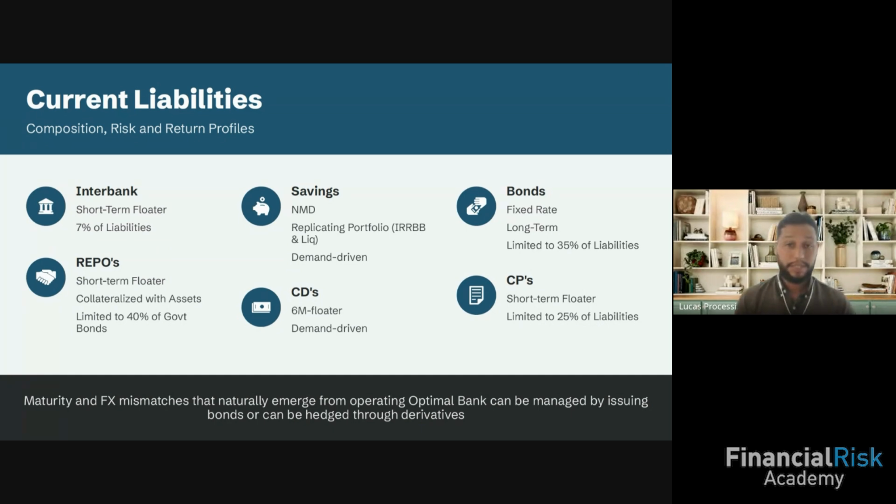And the natural operation of this bank implies a certain level of maturity transformation and generates, of course, some interest rate risk in the banking book. But we also have the option of issuing bonds with a fixed rate and also with long term, so we can mitigate that maturity transformation by issuing bonds, right? Or we can do that by using swaps, by using derivatives to mitigate risk.